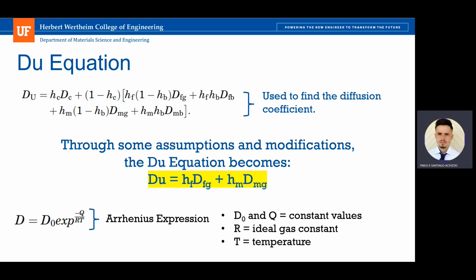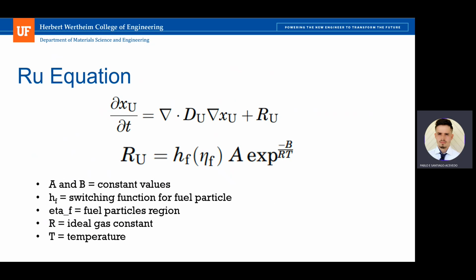So in other words, the values for the switching functions for cracks and boundaries were 0 and were cancelled in the equation. In the case of R_U, this was the equation used, in which A and B are constant values, h_f is the switching function for the fuel particle, eta_f is the value for the fuel particle region, R is the ideal gas constant, and T is the temperature.